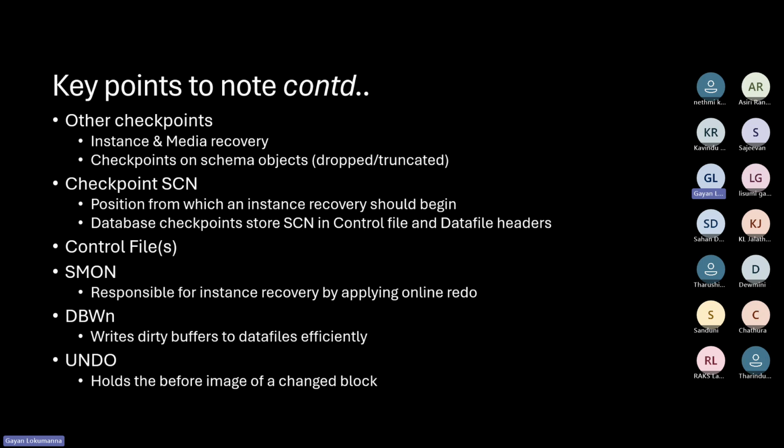It gets incremented by second, so each second the counter will go up. So checkpoint SCN basically refers to that number, the counter that tells you exactly at what SCN the last checkpoint has happened.